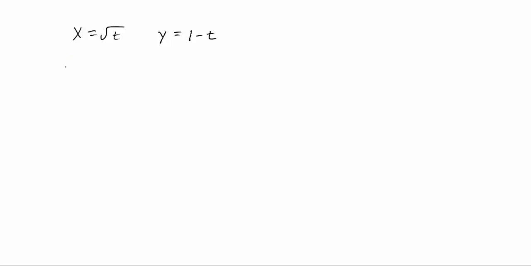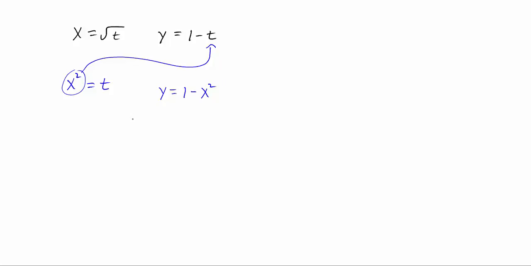So if we solve for t, I'm going to square both sides, so we would get x squared. And if we square the square root, that's going to simplify and cancel out, and we're simply left with t. So if we have x squared is equal to t, we now can take the x squared, substitute that in over here for t, and we would simply have y equals 1 minus x squared.